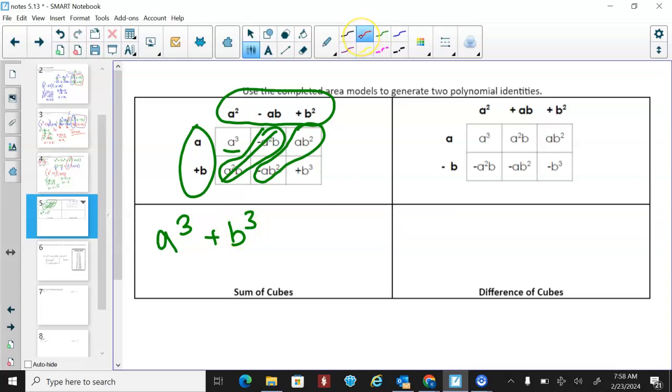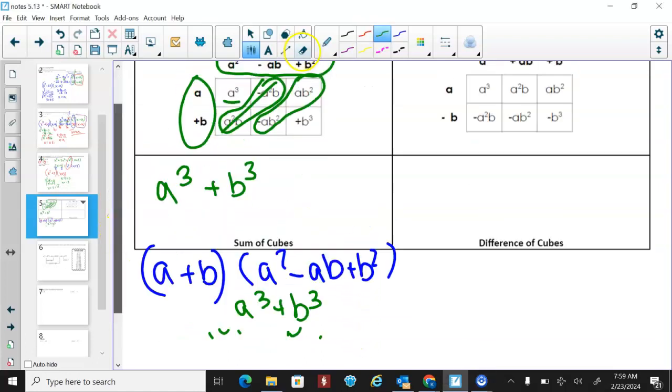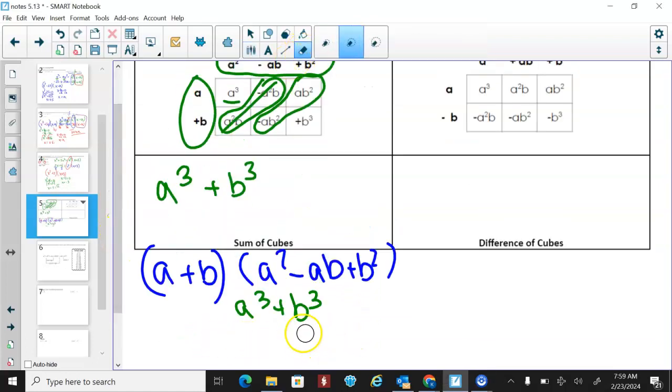So this property says that when you're multiplying a plus b times a squared minus ab plus b squared, what you're going to get at the end is a cubed plus b cubed.